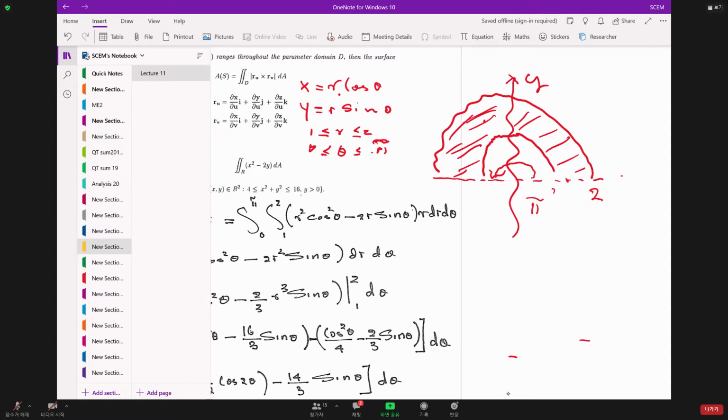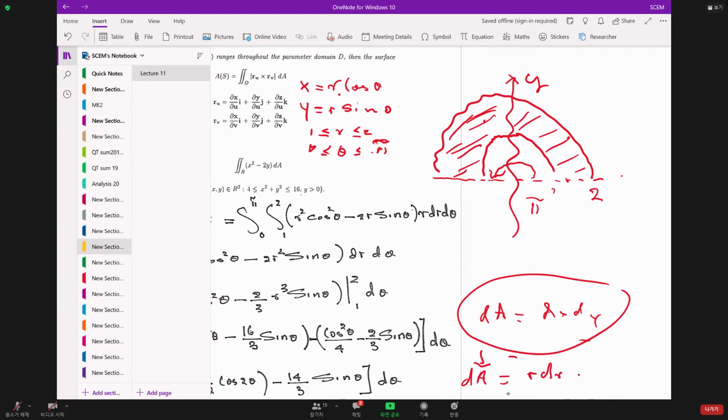Now remember, you're going from dA, which is like dx dy, to the polar coordinate system. When you go to the polar coordinate system, your dA is equal to r dr d theta. Must remember that.